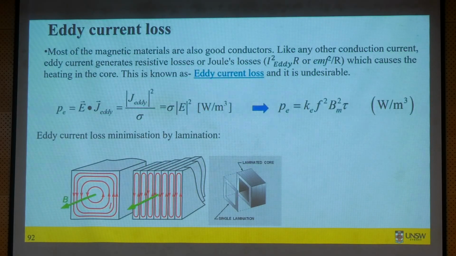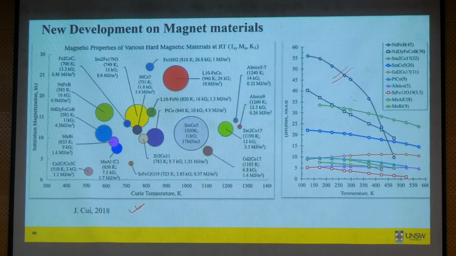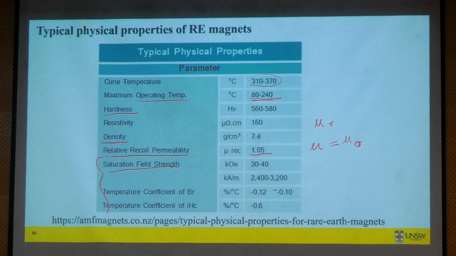Okay, and the magnet and the steel both are actually conductive material. If you remember in our previous slide, we saw a resistance value of the magnet here in the property, the resistivity of the magnet.